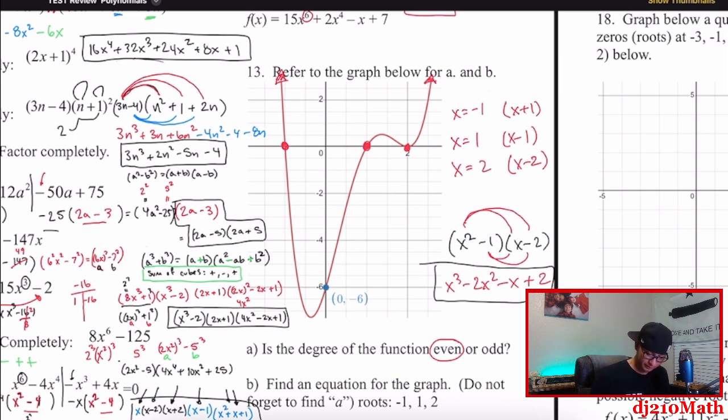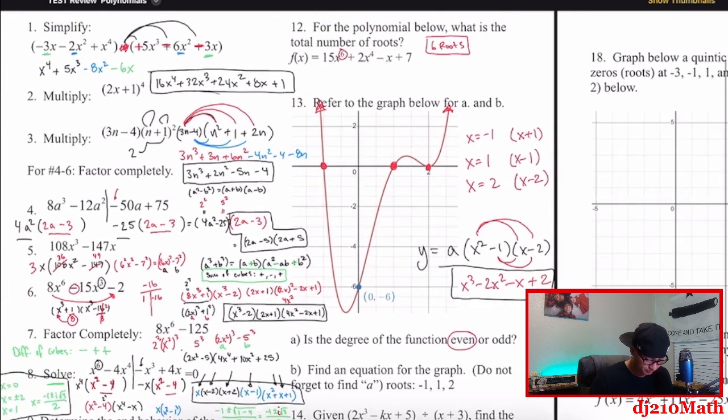So what this is saying is y is equal to a times all of this, right? A times all of this. So if I pick a point, let's pick a point. I only see one nice one, really.